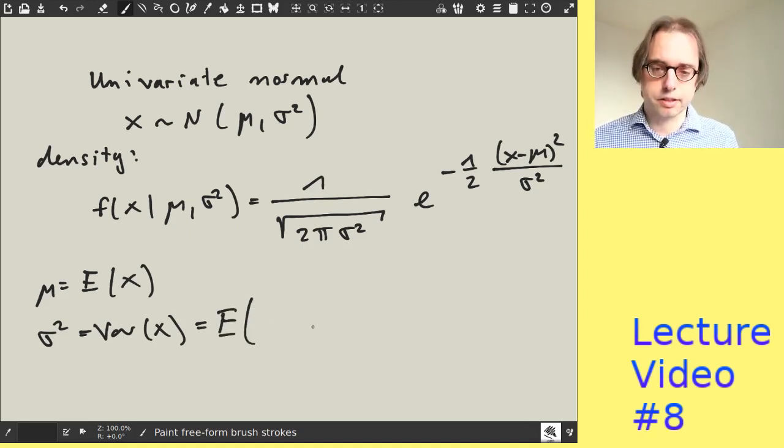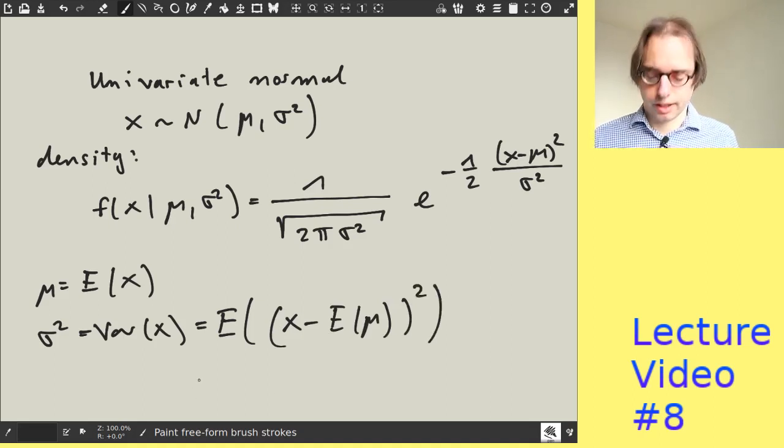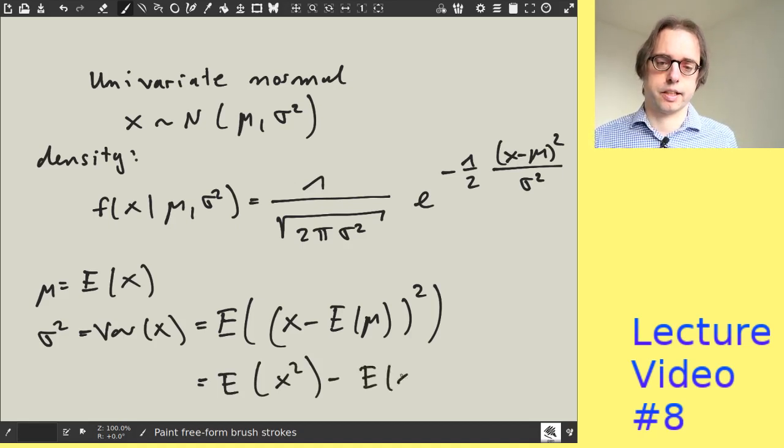It's the expectation of the squared difference of x from the mean. So that's the variance, and you can also write it as the expectation of x squared minus the expectation of x, squared. So that's the univariate normal.